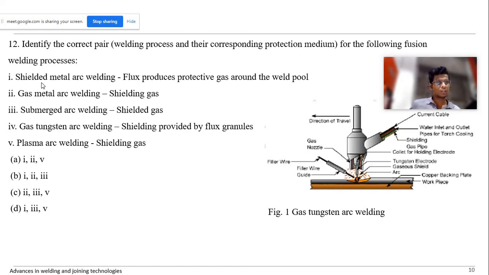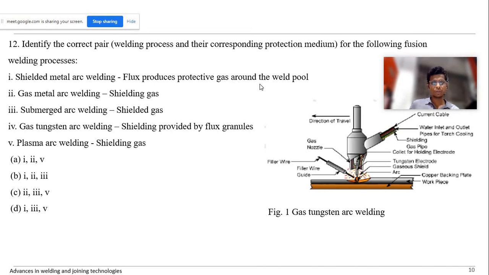Shielded metal arc welding, gas metal arc welding, submerged arc welding, gas tungsten arc welding, and plasma arc welding. In plasma arc welding, are we using shielding gas? Yes, we are using shielding gas, so this is correct. Yeah, someone has said A is correct. I think you guys have solved this. At least you guys should be active when solving these questions. What about shielded metal arc welding?